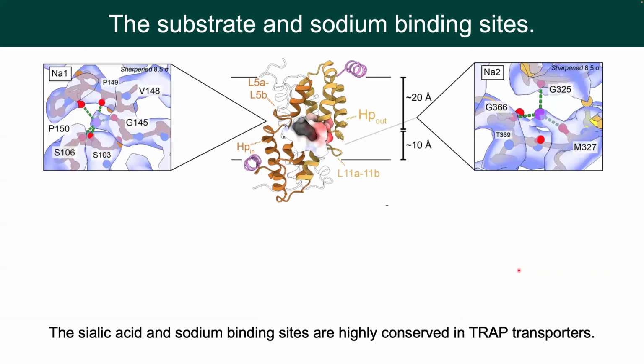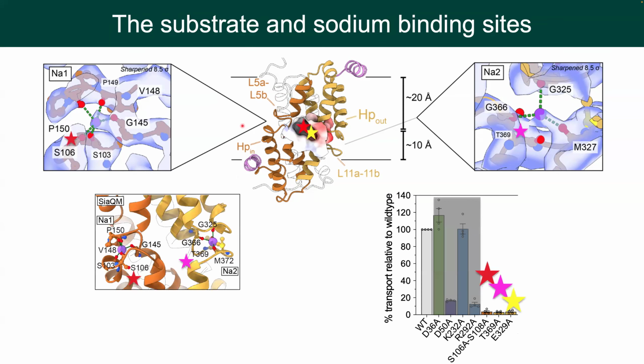So with the transporter domain, we could look to see what other features were there. In the DASS family, you have 2 binding sites for sodium that sit either side of a pocket, which is the substrate binding site. And similarly, for our TRAP transporters, the transporter domain has the same topology. In fact, we could see cryo-EM density for each of the sodiums on either side, which was really encouraging and great to see.